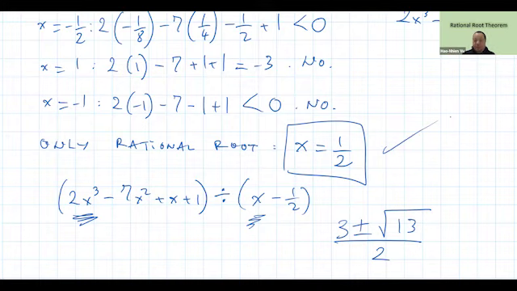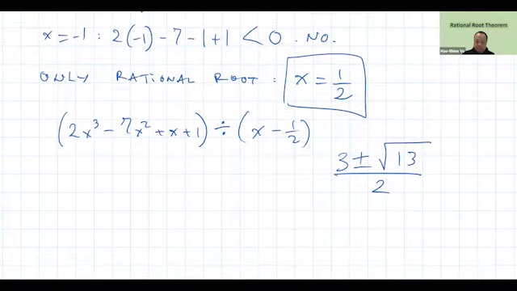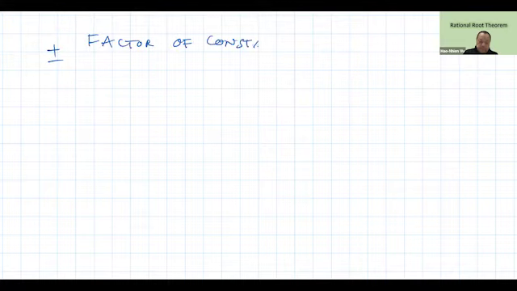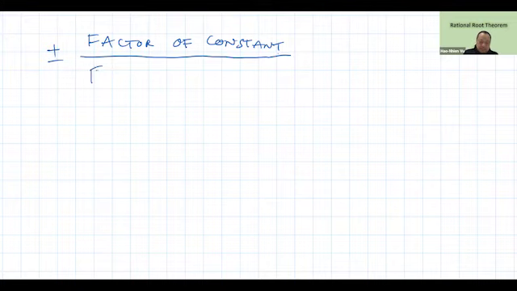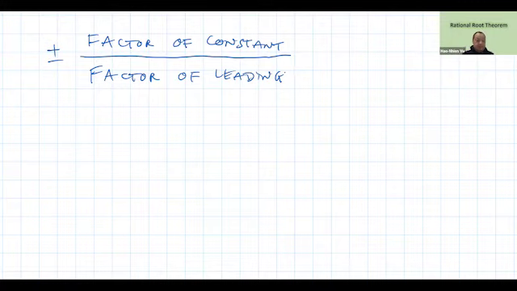The rational root theorem works out that there is one rational root, and we found it, and it's the only one. Now, how do I remember that it's plus or minus factor of constant divided by factor of leading, and not the other way around?